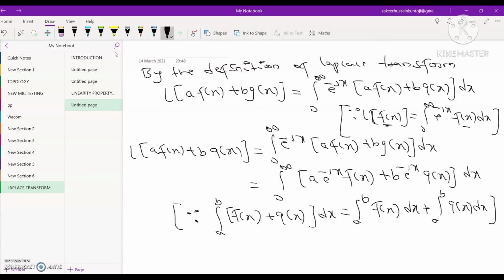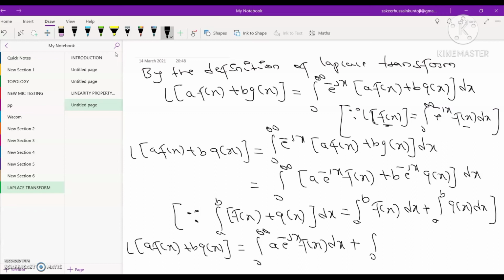So by using that property, we can write L of a of f of x plus b of g of x as the integral from 0 to infinity of a of e raised to minus sx f of x dx plus the integral from 0 to infinity of b into e raised to minus sx g of x dx.